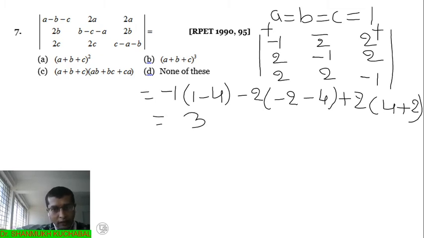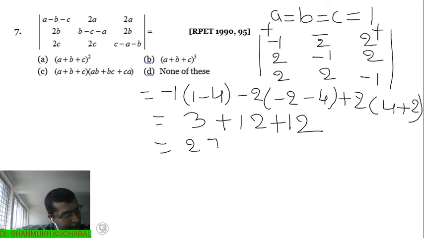4 minus 2 minus 6 into 2 plus 12, and here also we get a plus 12 here. So simplification is 27 here, yes, 27. So now I take these ABC values in the options here, right?